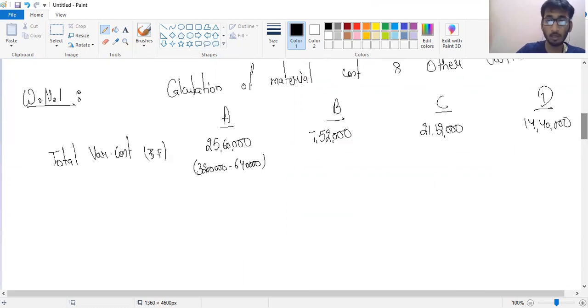Okay. Now material cost. What is given in the question related to material cost? Just read. It is saying that material cost would be 50% of the respective total variable cost. So 50% of this. For 25 lakh 60,000, 50% would be 12 lakh 80,000.